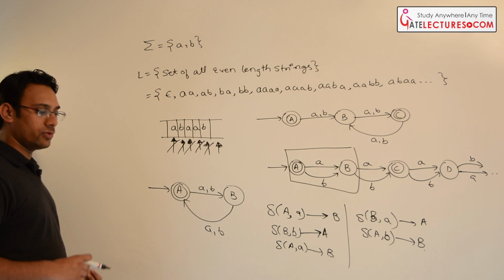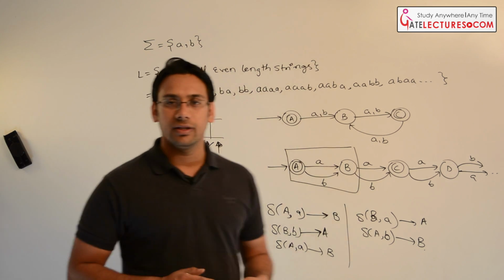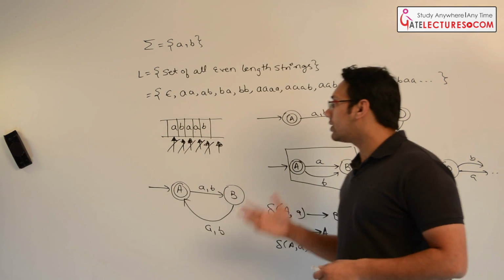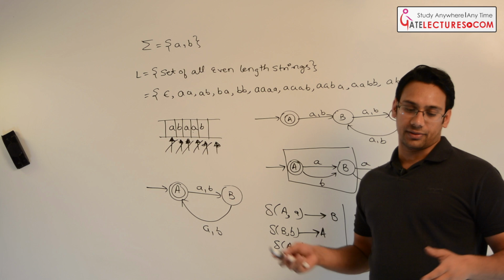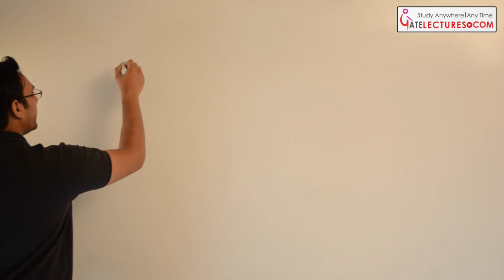Now let me give you a formal definition of finite automata. After giving this formal definition, we will take more examples. Now what is a finite automata?